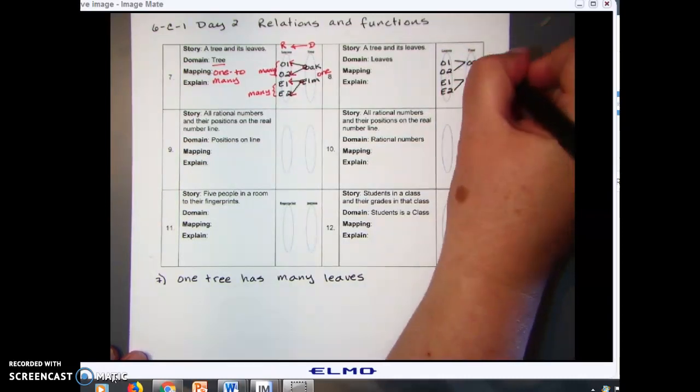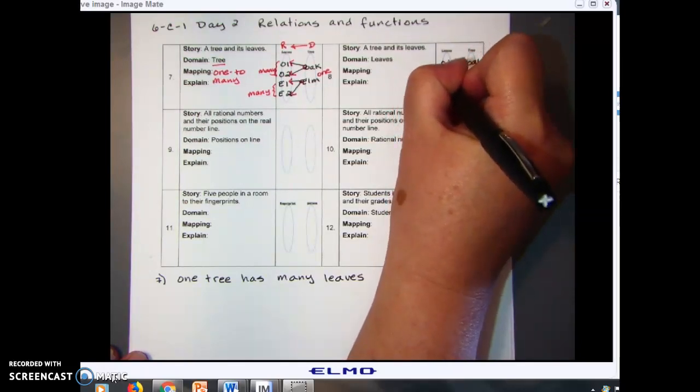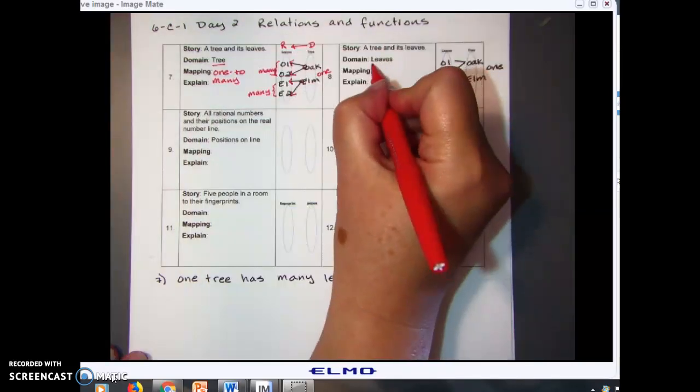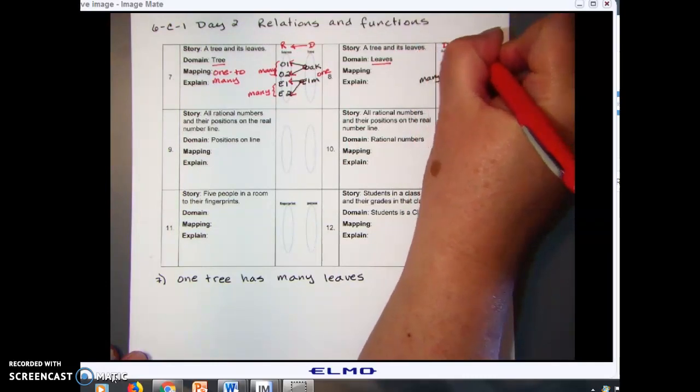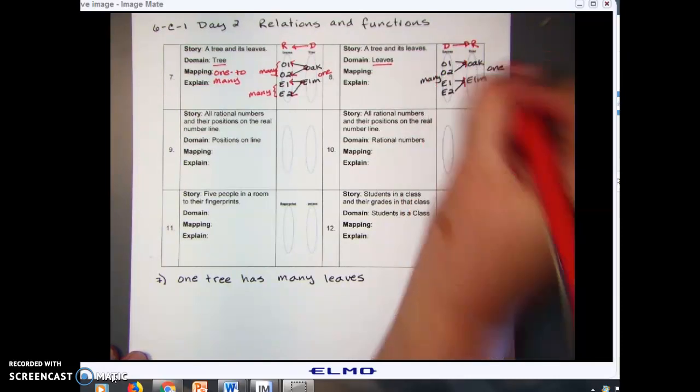I still have 1 dot from each tree here, and it's still approaching many on the left-hand side. Okay, but in this case, leaves is our domain. So that means our domain is here and our range is here. And so my arrows are all going from left to right.